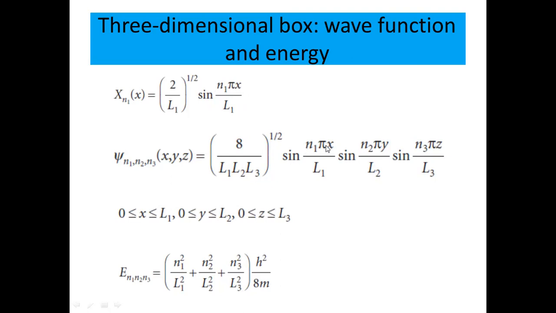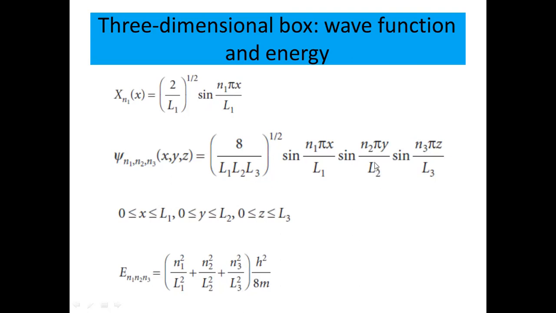So sine of n1 pi x over L1, and then sine of n2 pi y over L2, because this is y. That's why you are differentiating the n and L by labeling them with the value 2.